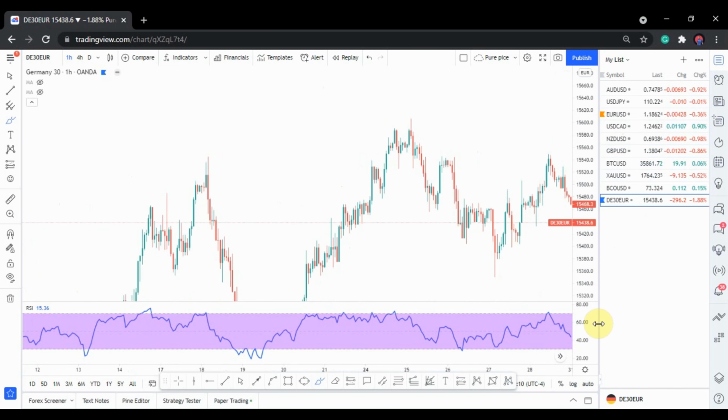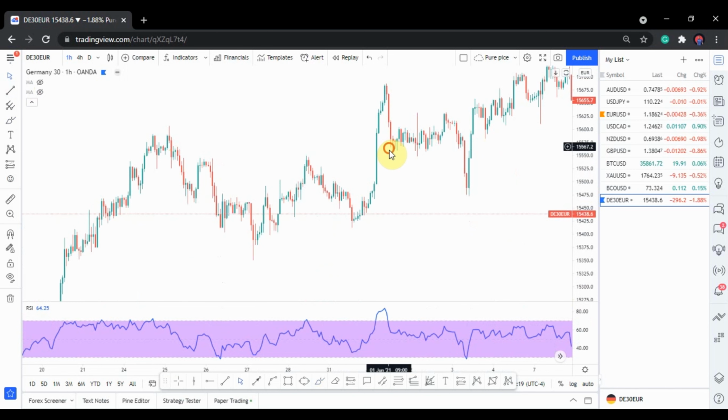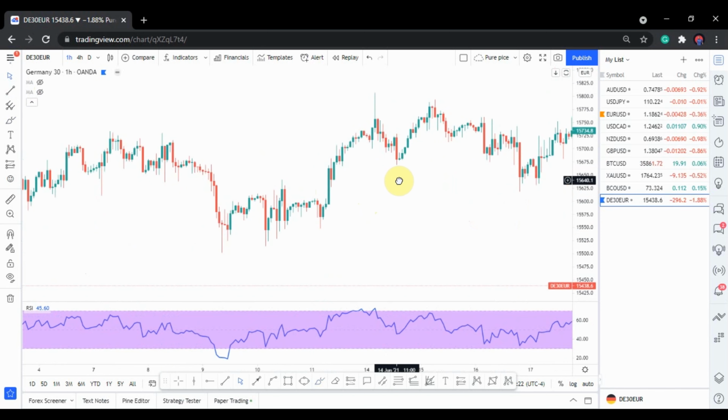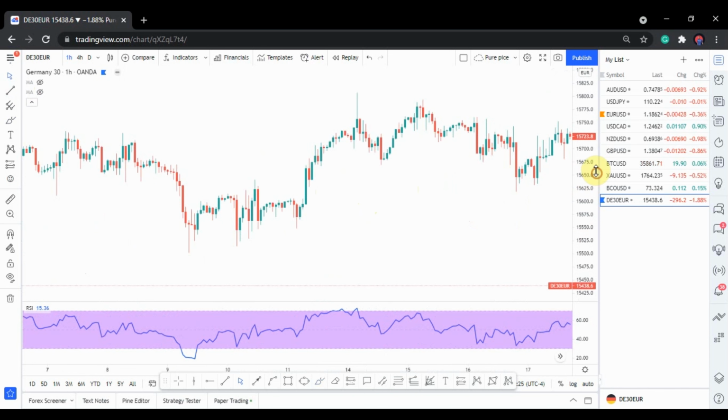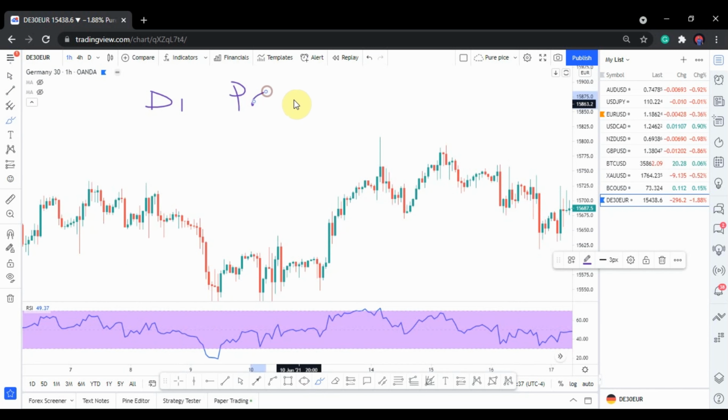So apart from applying this tool in terms of overbought and oversold, we can apply this tool when it comes to divergence. That's a very powerful concept that usually takes place in the market. So what is divergence? Divergence is usually a disagreement between the price and your oscillator.